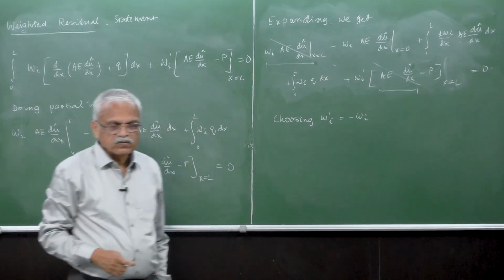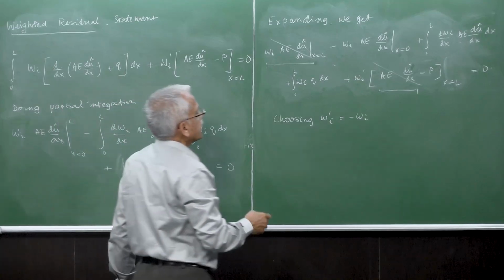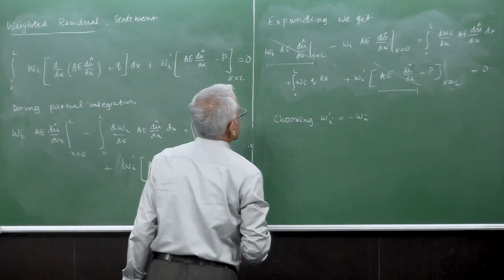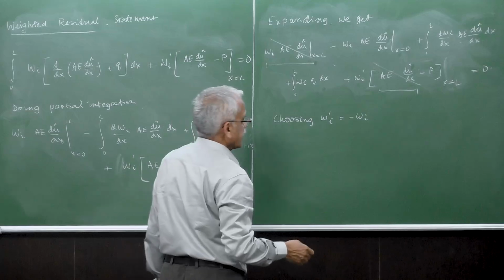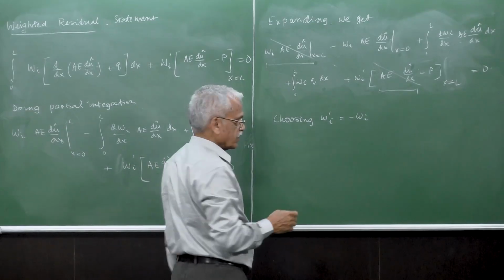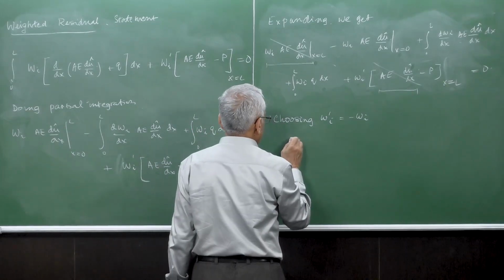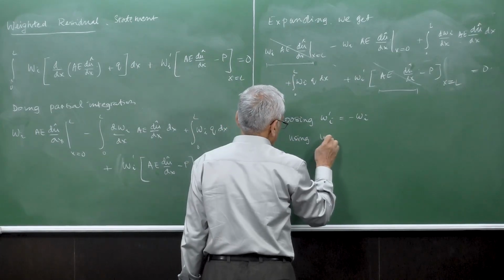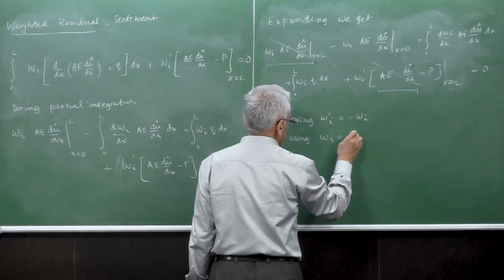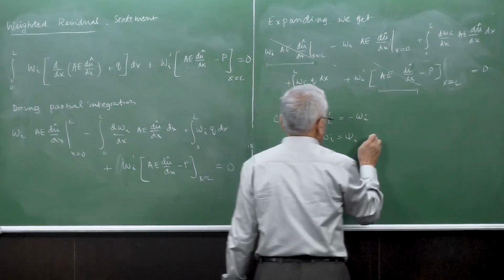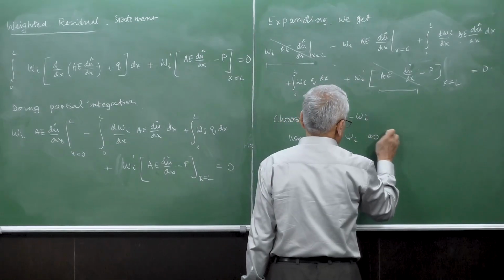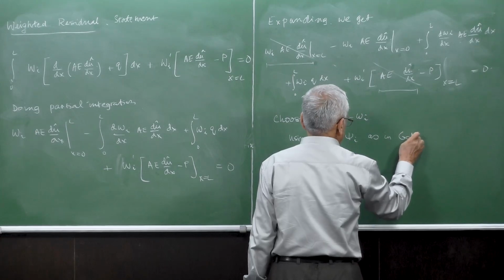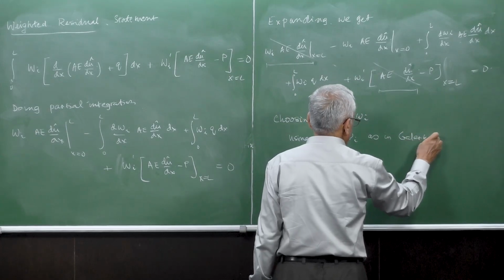If you choose wi as in the Galerkin weighted residual method, say wi is equal to psi i, as in the Galerkin method, what is this going to do?